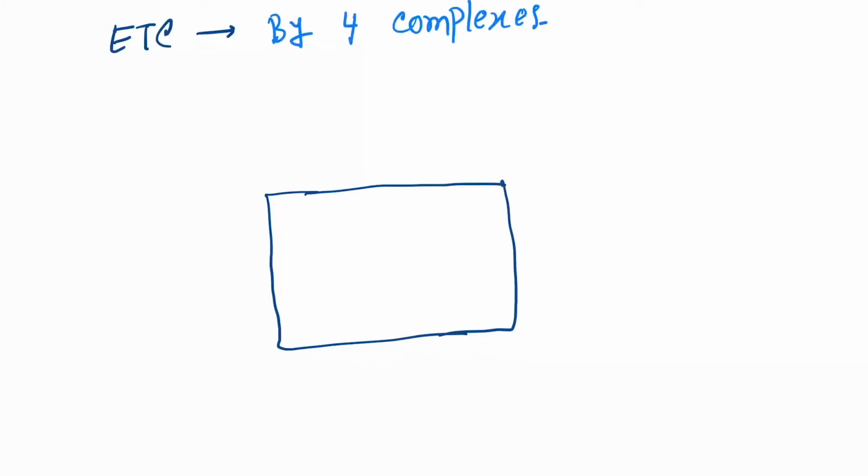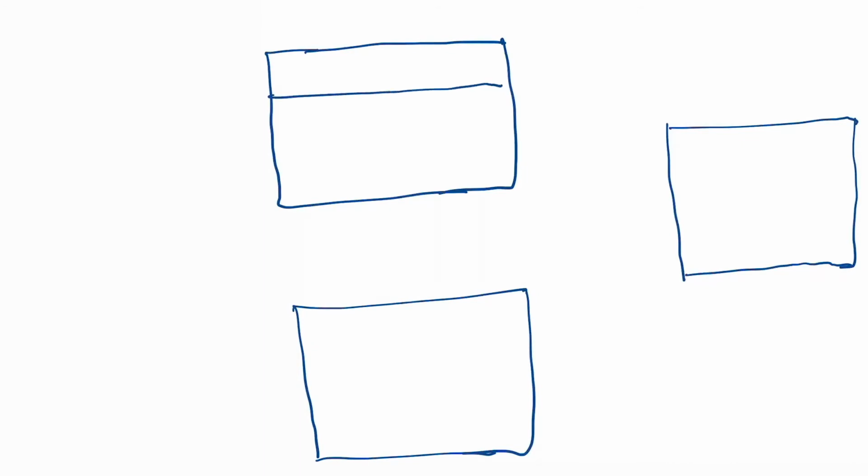So this is a building, this is another building, this is another building, and here is a neighbor, or they are not in the same line. So now let's write down their names.